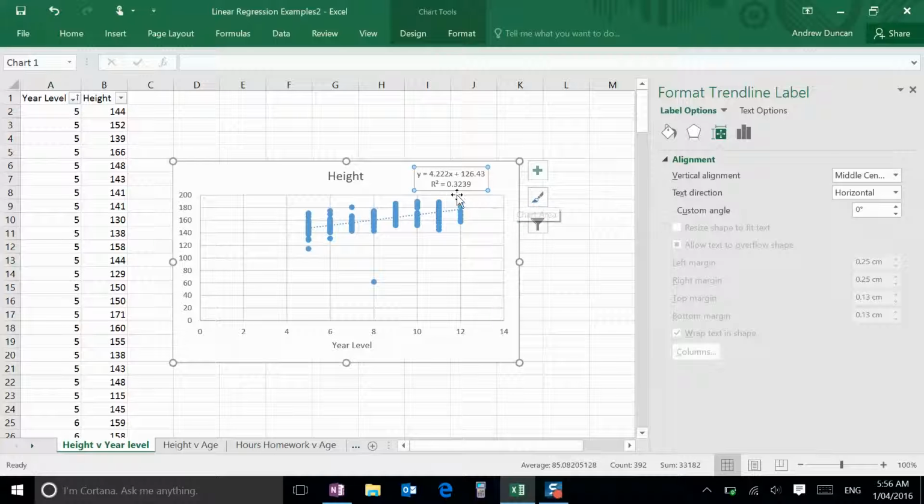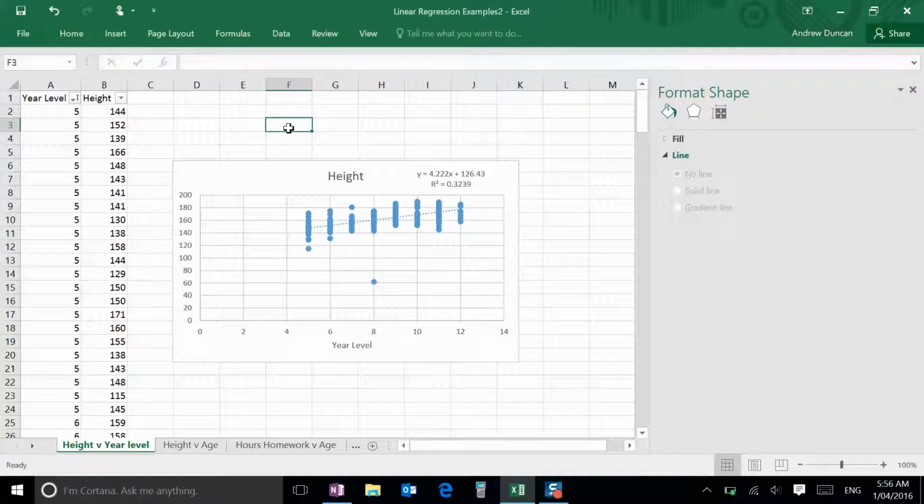Let's just focus on the R-squared value here. So the R-squared value is 0.3293. So what I can write is the model explains 32.39% of the variation in height.